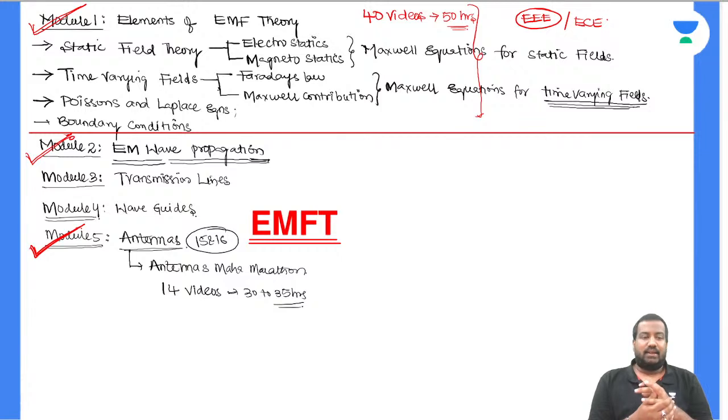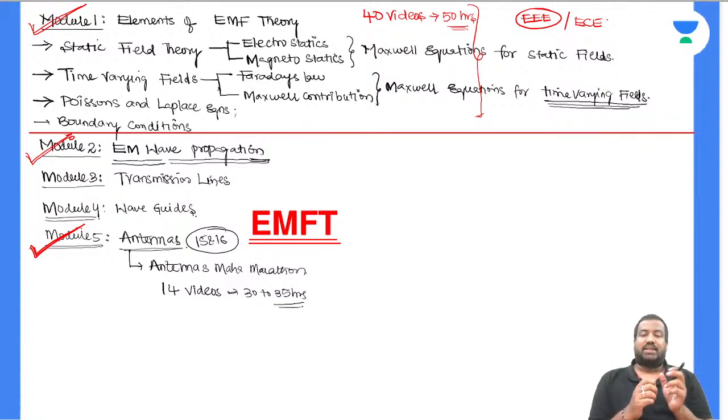ESE electrical. You can go through the playlist, Ravi. Module 1, Elements of EMF Theory playlist will be useful for ESE electrical. The playlist is for 50 hours, Ravi. Each of these playlists on antennas that we have derived will also be useful for ESE.